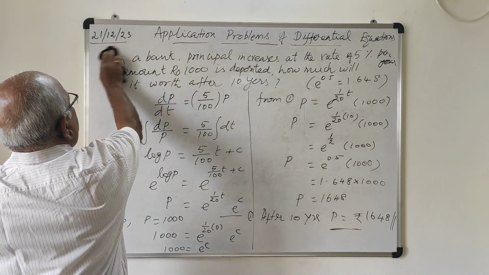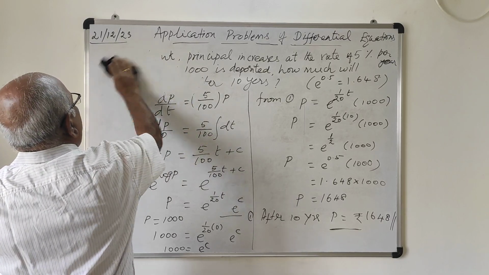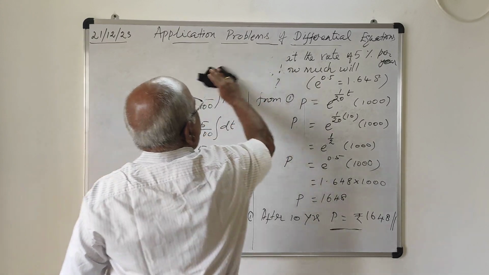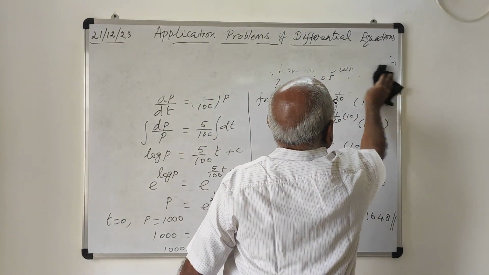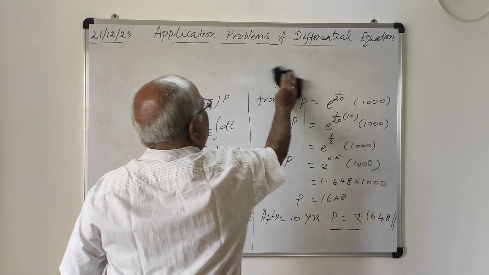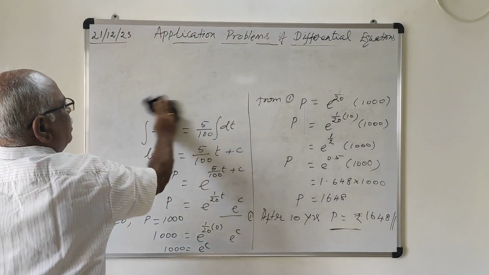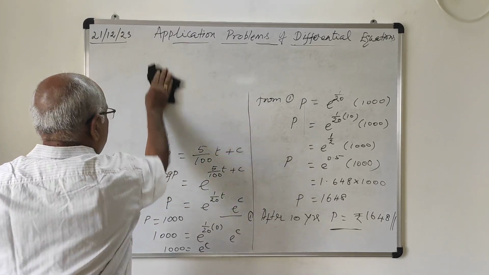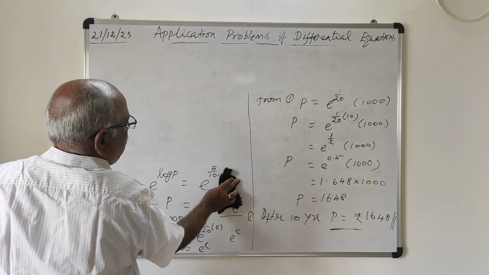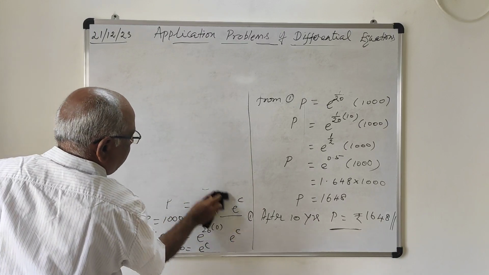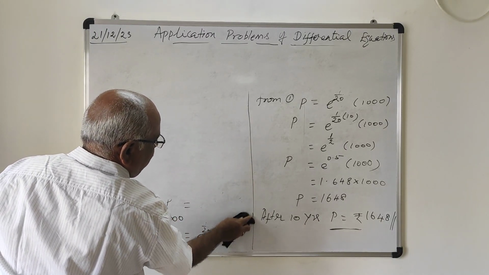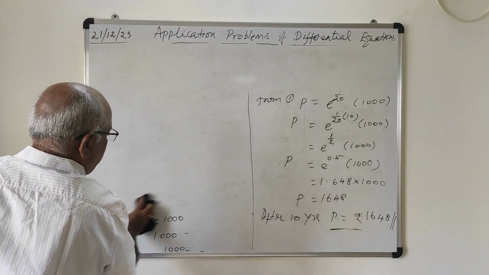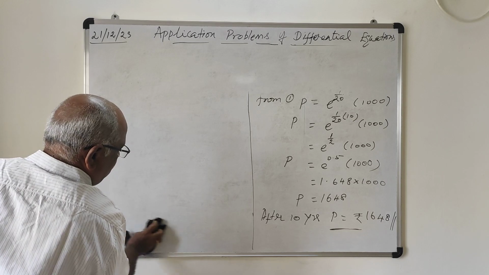Next, one more problem in the application problems. We will see the third one. Like that, in your day-to-day life, for an amount deposited in a bank, we have to find the rate of interest, which we found in the first problem.